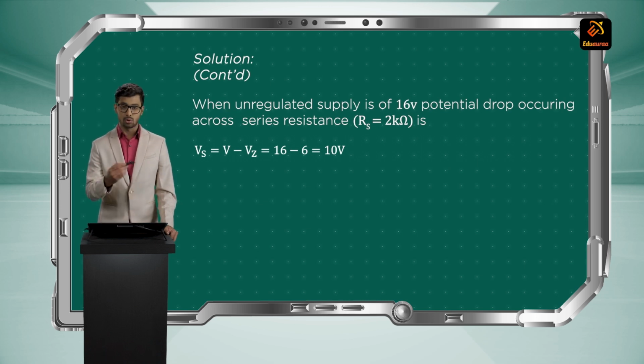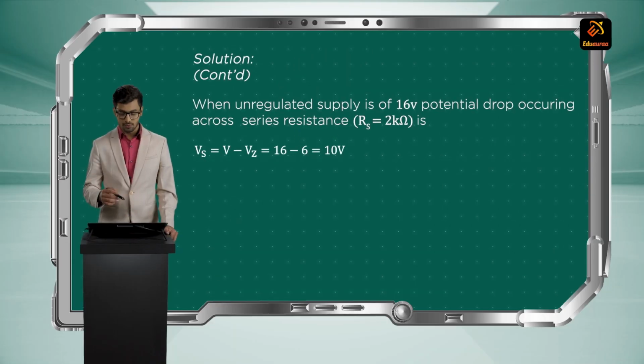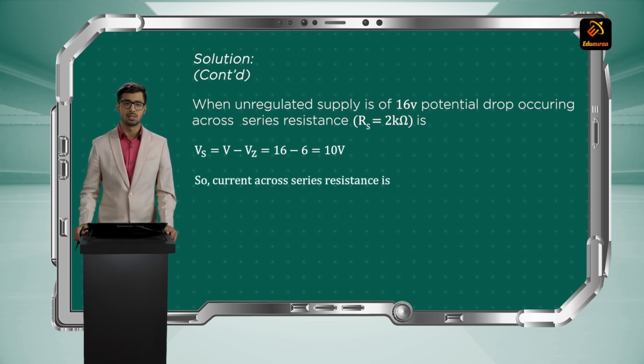The total voltage might be 16 or 10, so let's take the maximum. The Zener voltage is 6, so 16 minus 6 comes out to 10 volt. This 10 volt is the voltage across the series resistor.